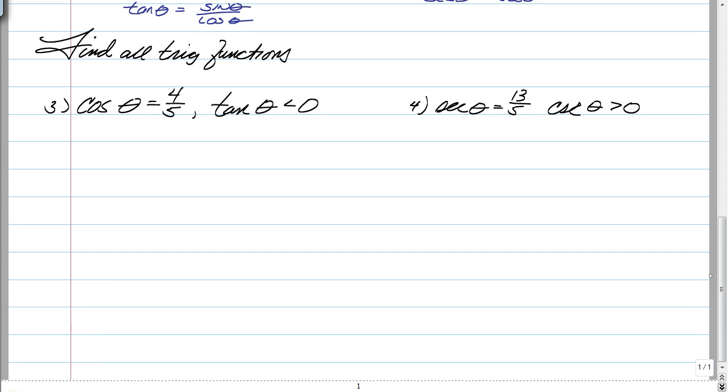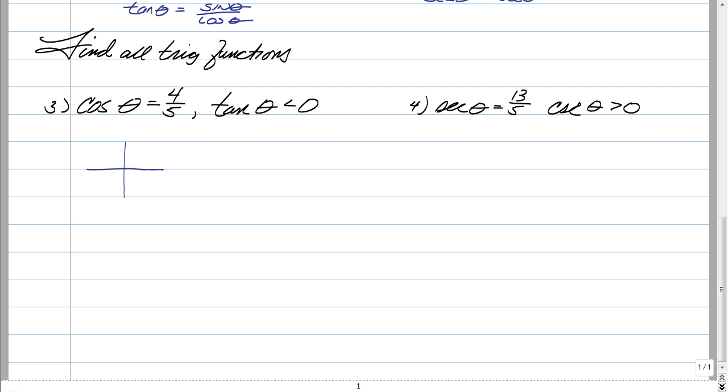So we're going to find all the trig functions. Now, the thing is, you're going to have to be careful. Maybe give yourself a quick sketch so you make sure that you are in the correct quadrant when you are answering these questions. So let's just do this really quick. We're going to say that the cosine of theta is 4/5, but the tangent is less than 0.